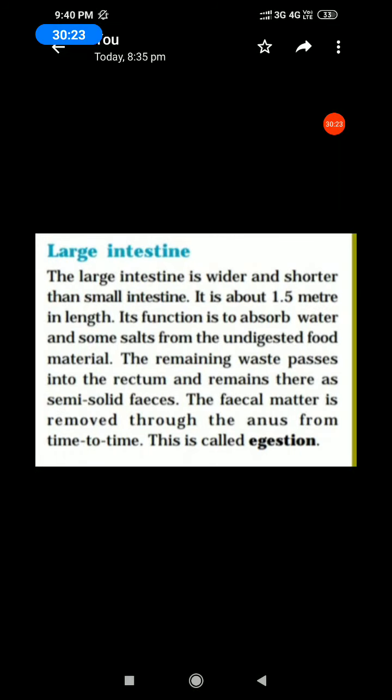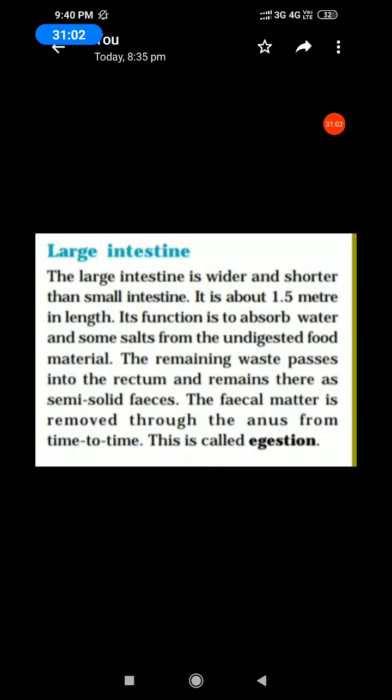The large intestine is wider and shorter than the small intestine. It is about 1.5 meters in length. What is the main function of the large intestine?